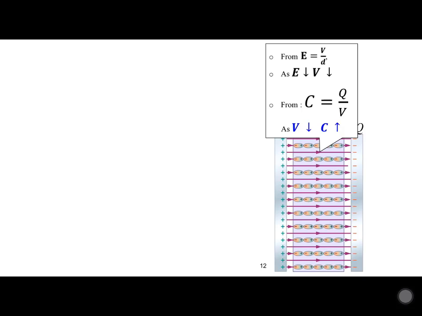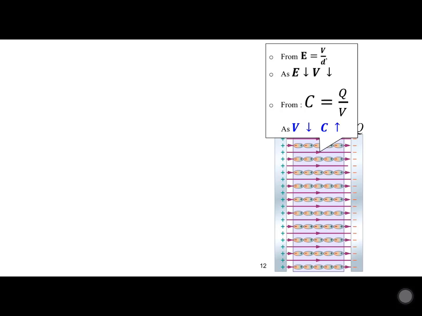And from here we can see that the electric field is equal to V over D, and therefore when the electric field is increased, the voltage will also increase, as electric field and potential difference are directly proportional to each other. And when the electric field is decreased, the voltage will also decrease.